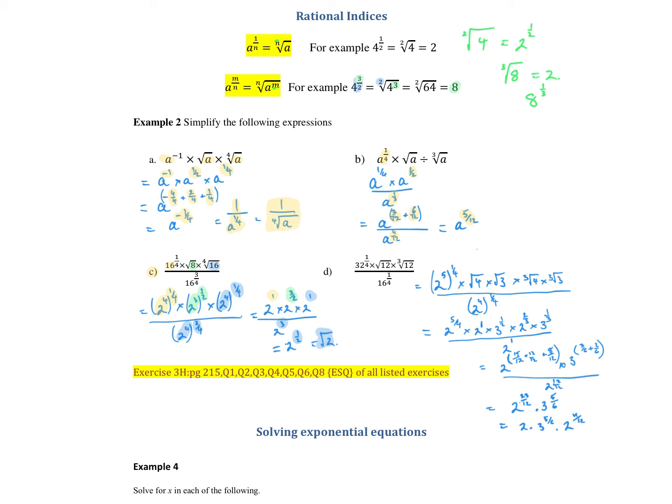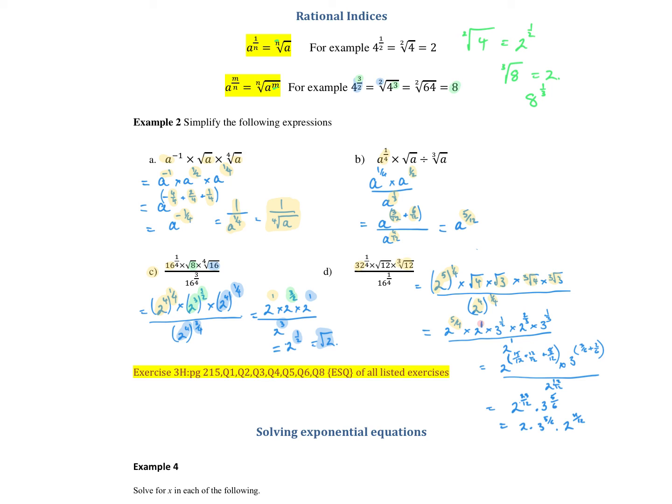All right. Finally, go through it again. 32, nice one. That's 2 to the power of 5. 12, I've broken it out a bit. That's the square root of 4 times the square root of 3. Okay, so let's remember some of our surd stuff. The cube root of 12 is the cube root of 4 times the cube root of 3. So if I group, 16 on the denominator is 2 to the 4 to the power of a quarter. So 2 to the power of 5 times a quarter is 5 on 4.